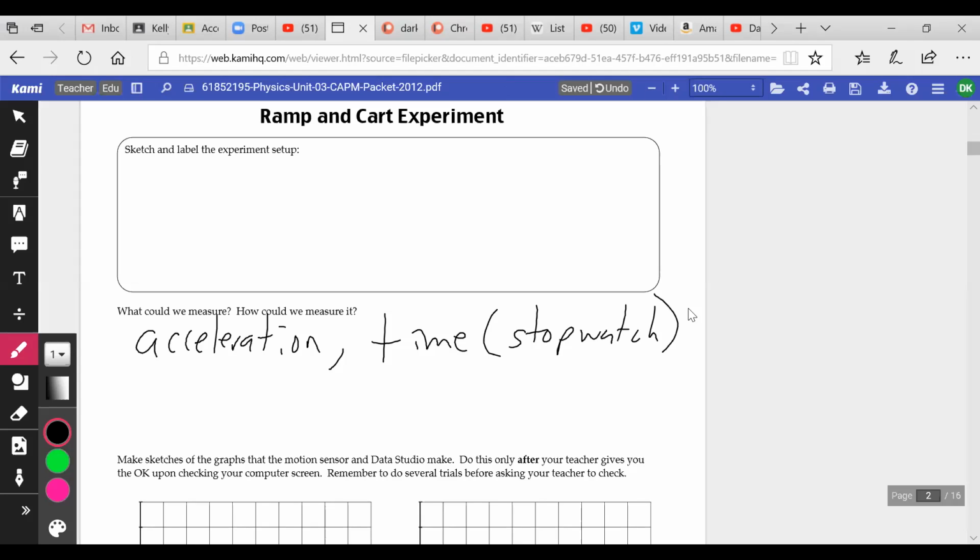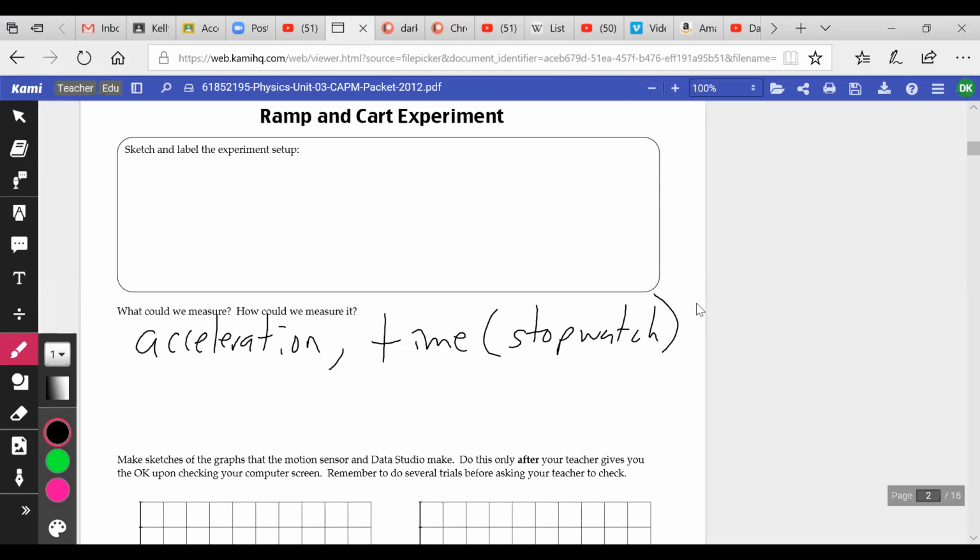And then instead of measuring displacement, which is something that we have defined up top, we can measure the parts that make up displacement. Do you know what makes up displacement? So displacement is a change of what?